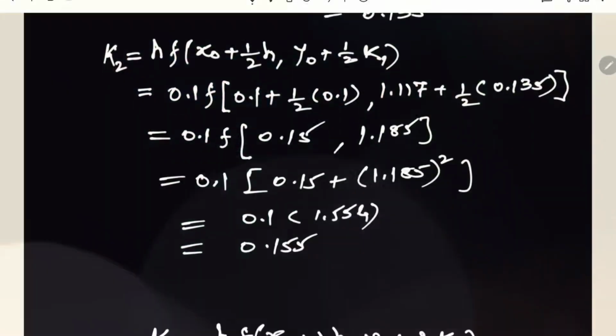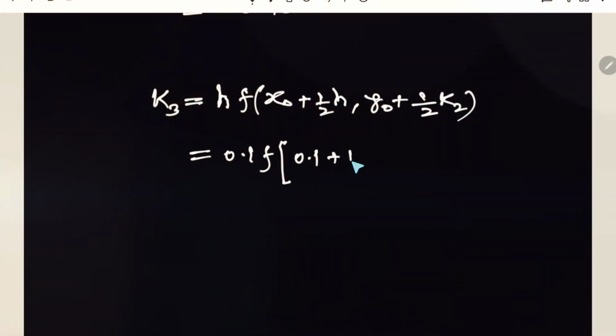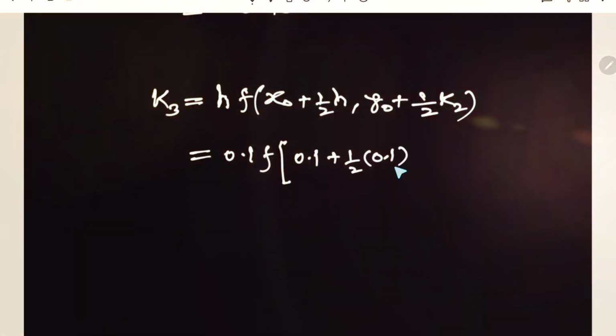0.155, K2. Then K3, as the formula is again h f of x0 plus half h and y0 plus half K2.